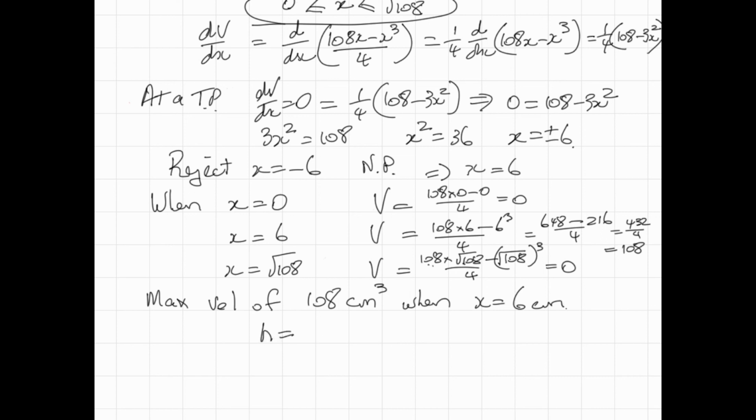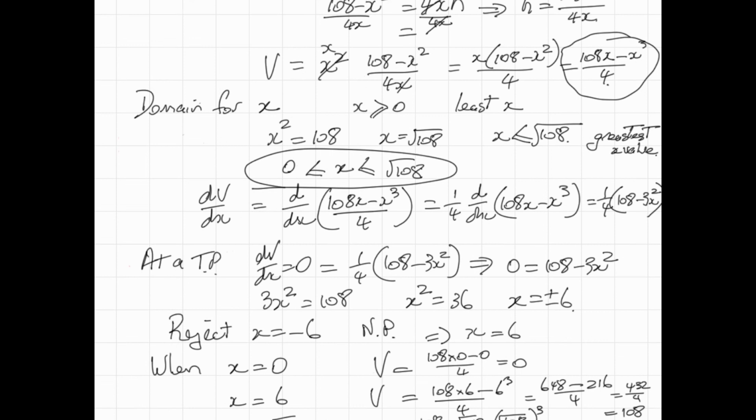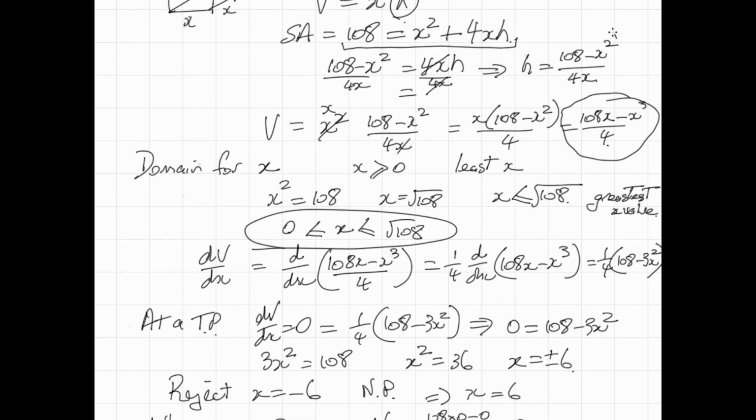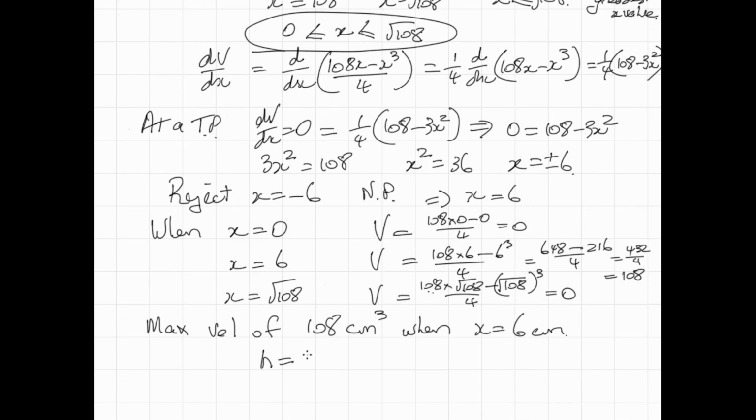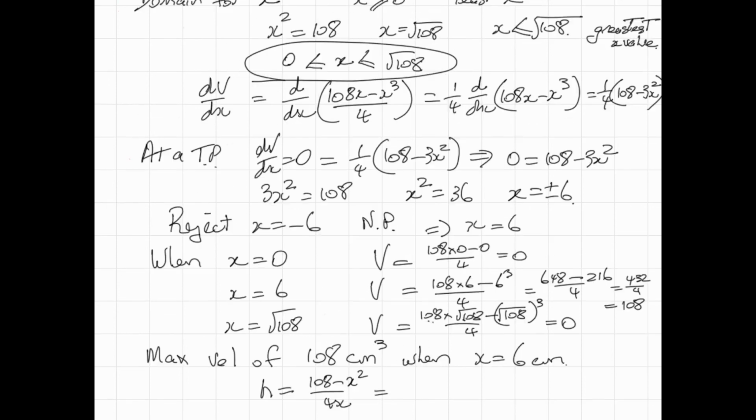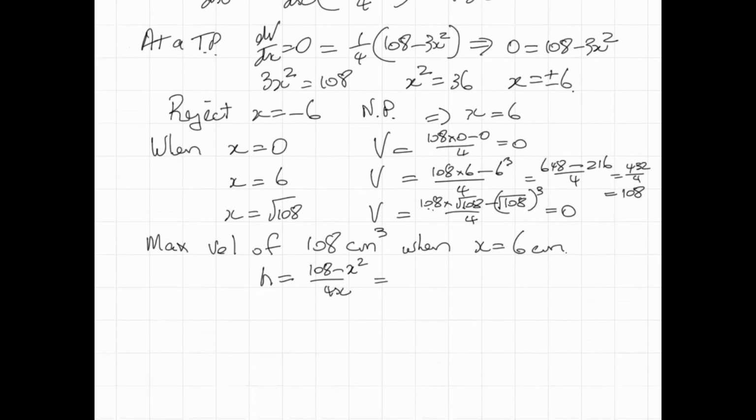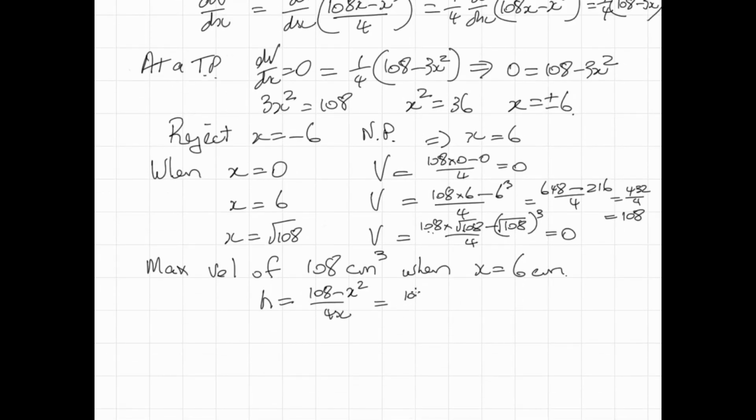Now we had a formula up there for h, and it was that h equals, here it is way up here, 108 minus x squared on 4x. That's correct, wasn't it? 108 minus x squared on 4x, yes. So 108 minus x squared is 36 all over 24.